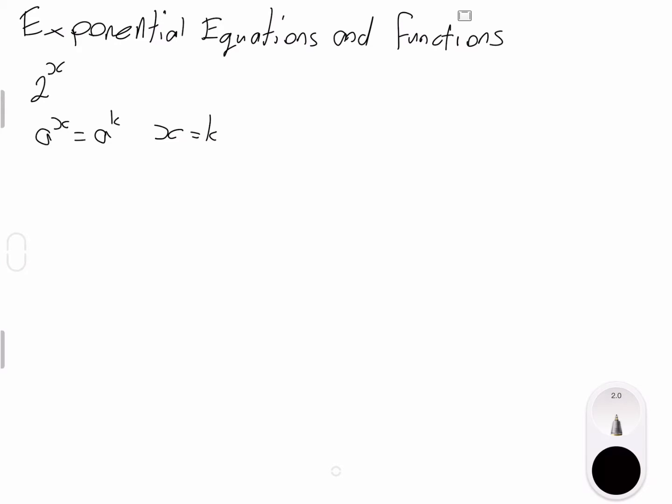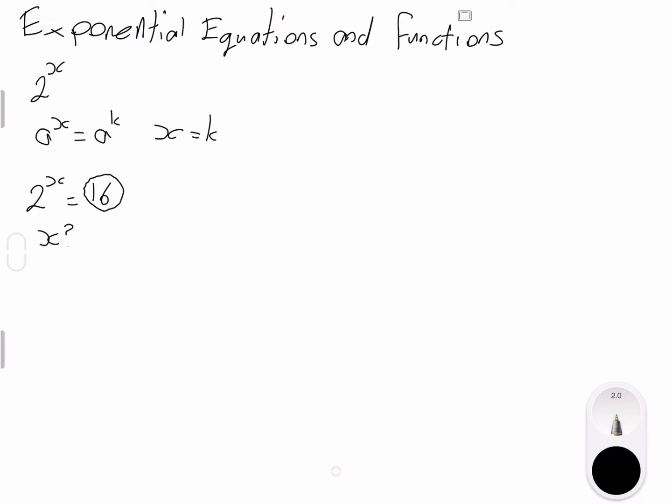So for the first part of exponential equations, we're going to look at solving. Let's say I had 2 to the power of x is equal to 16. What is x? Well, for this we really just have to rewrite this 16 as having a base of 2.